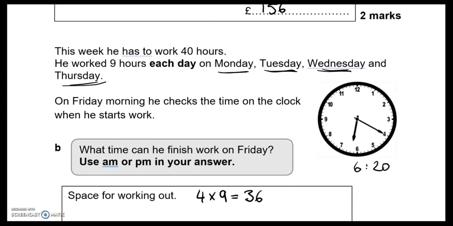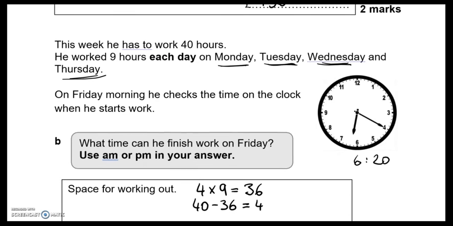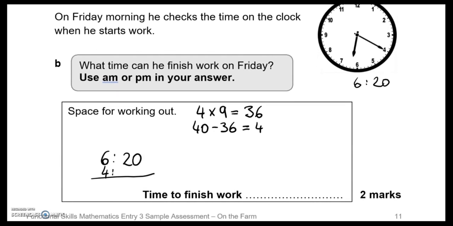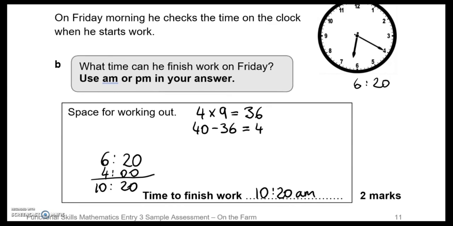So he's done 36 hours already. Now from the 40, if we take away 36, that leaves us with just 4 hours. So he needs to do 4 hours on Friday. It's 6:20 when he starts. So if we add 4 hours, this is going to be 10:20. 10:20 in the morning, so AM.